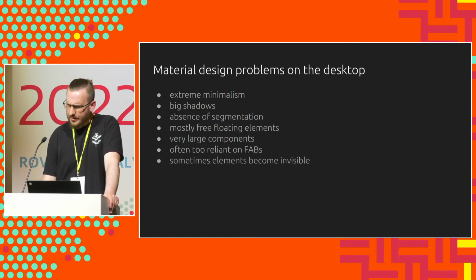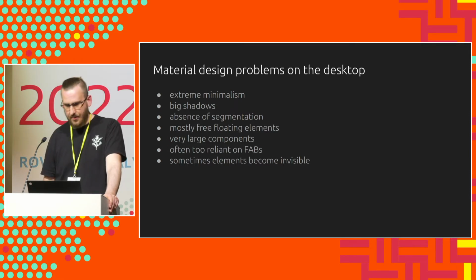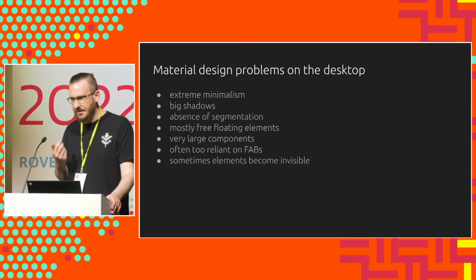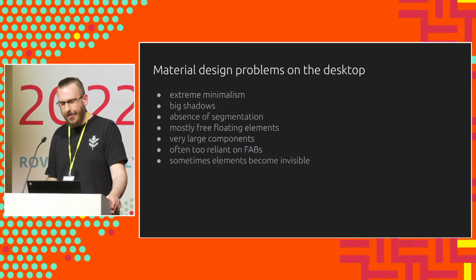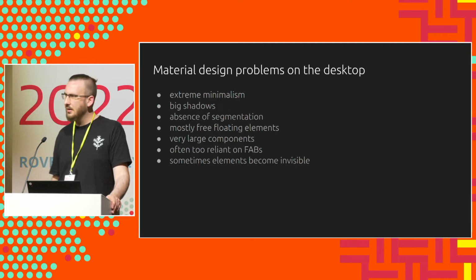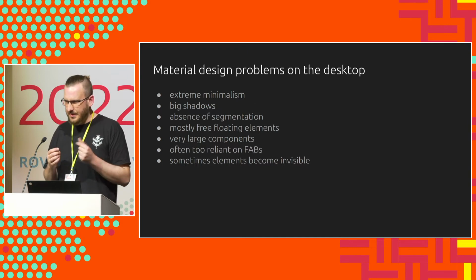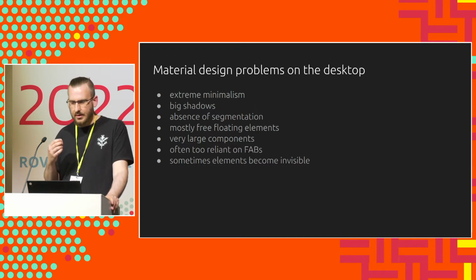Also, what I've noticed when using the material design in Flutter apps on the desktop is that sometimes elements become invisible because of those shadows. It works maybe better on the smartphone. I don't know exactly why, but on a big screen, certain elements, for example inactive switches, become a little bit invisible.